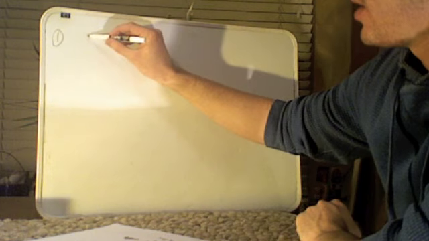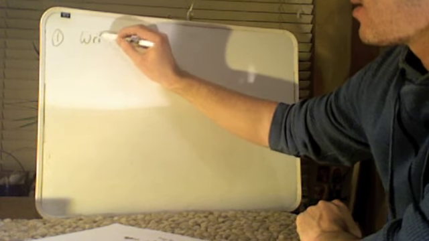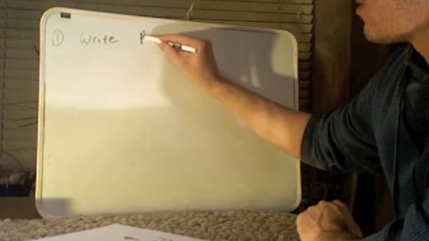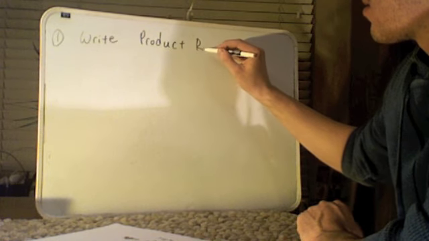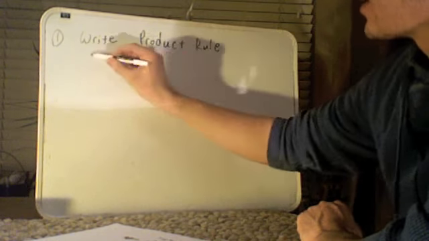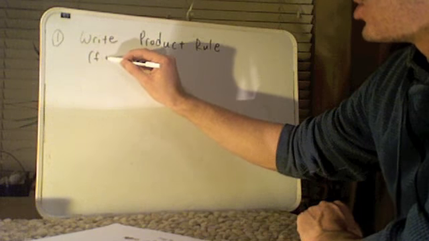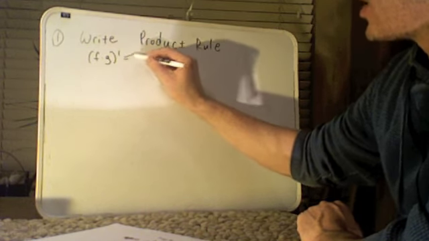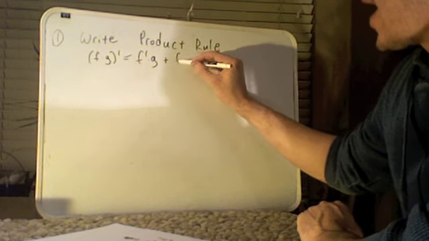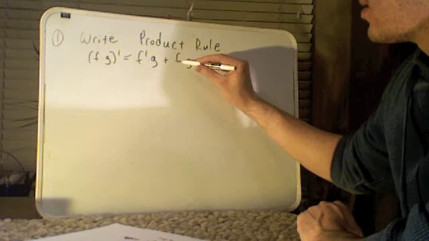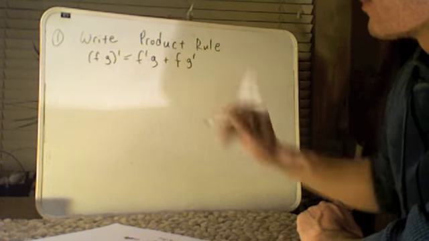Step 1 is write the product rule. That is (fg)' is equal to f' g plus f g'.